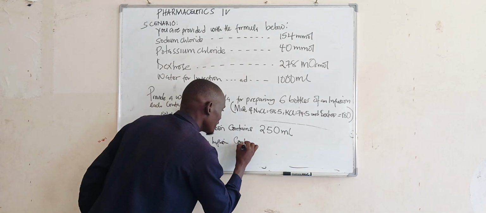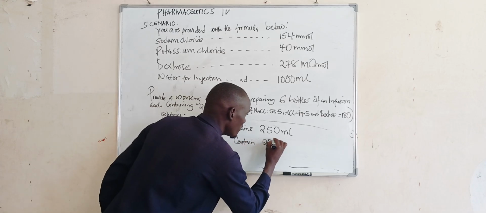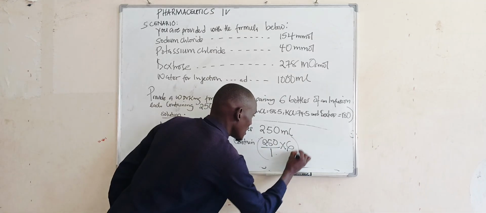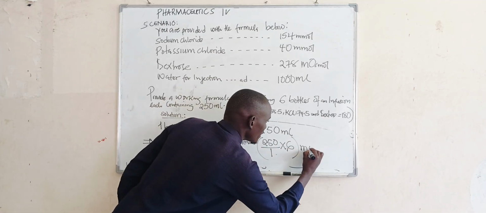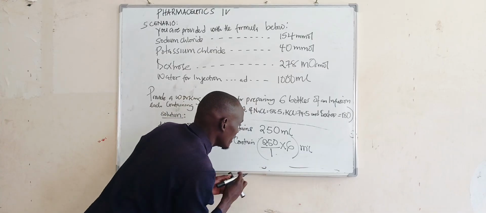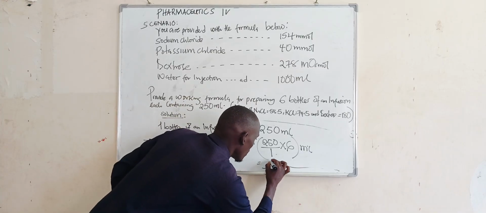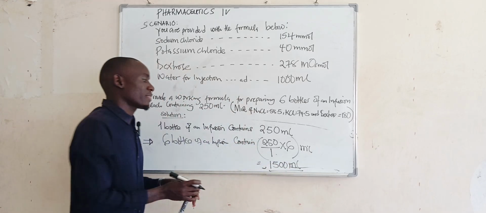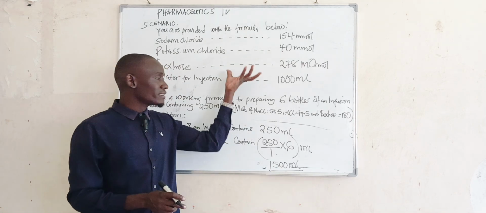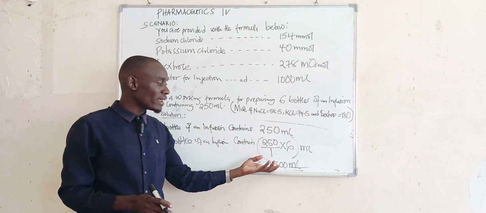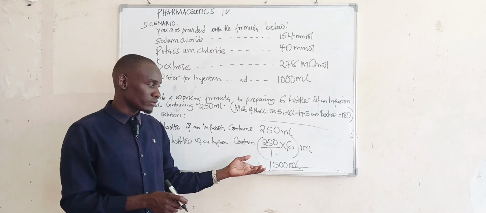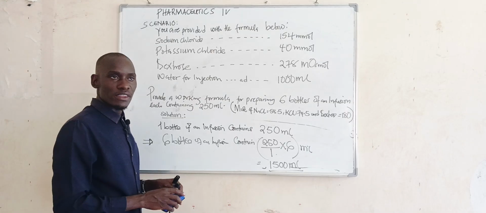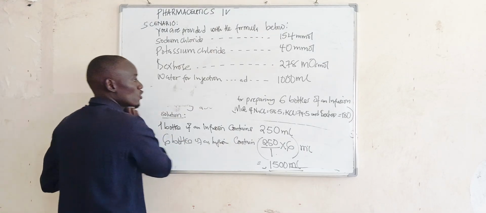They will contain 250 divided by 1 times 6, and this will be still in mils. And finally, we shall have 1500 ml. So, the volume required to prepare this injection or this preparation is 1500 ml.